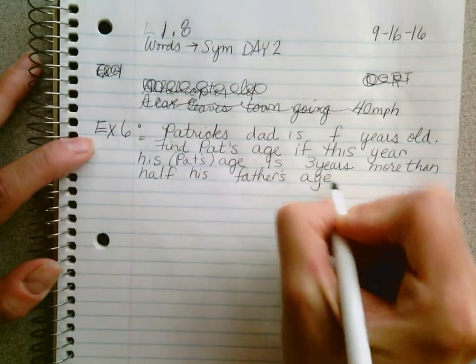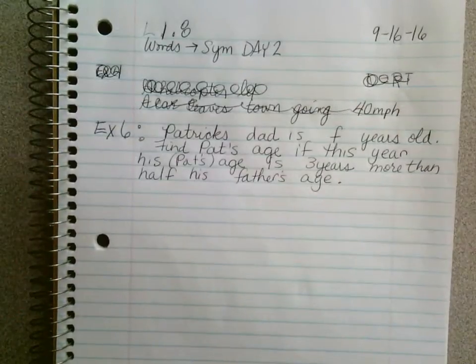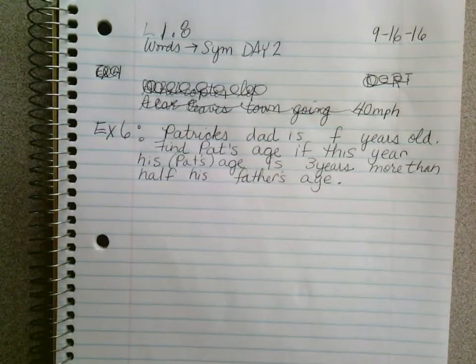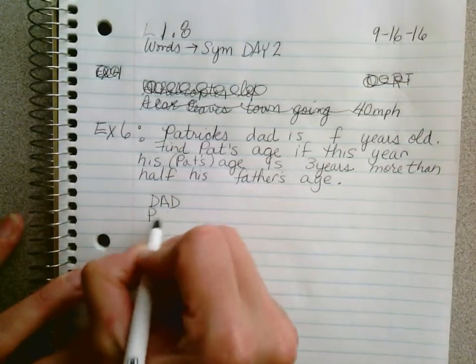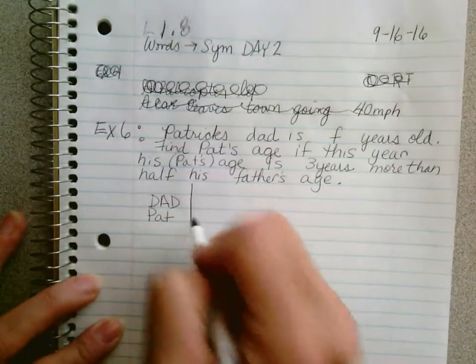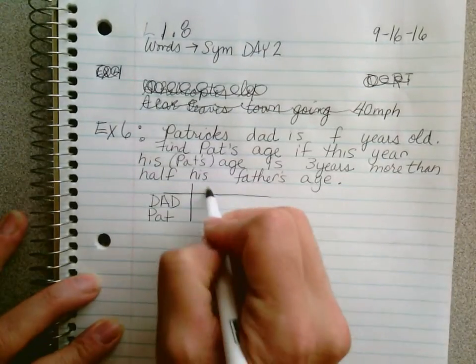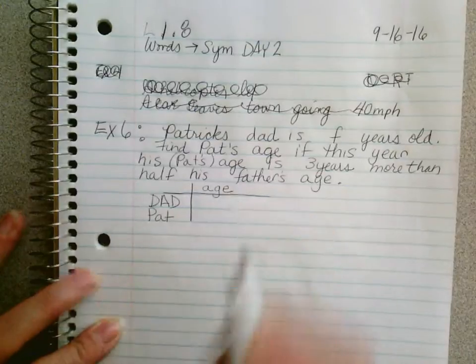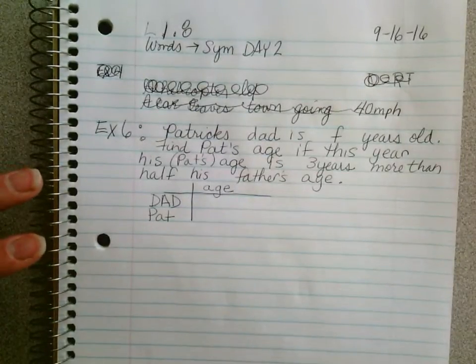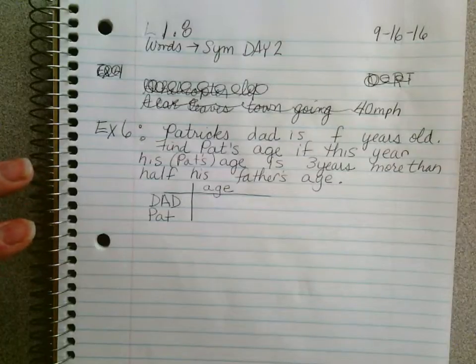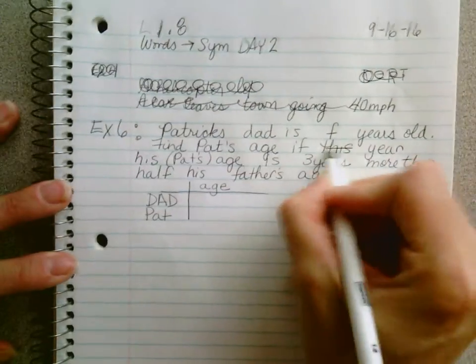Anybody's eyeballs bleeding? Patrick's age is F years old. Patrick's dad age is F years old. Dad and Pat. Age. This should say next year, I'm sorry.